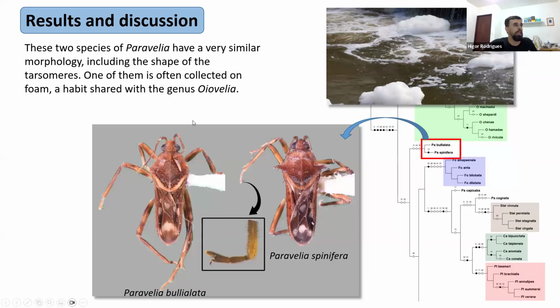Okay, another clade. We have these two species of Paravelia with very similar morphology, including the shape of the tarsomeres. One of them, Paravelia bullialata, is often collected on foam, a habitat shared with the genus Oiovelia, which is very common living in the foam.